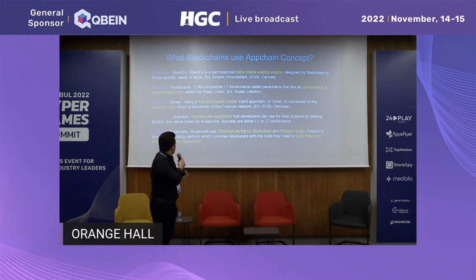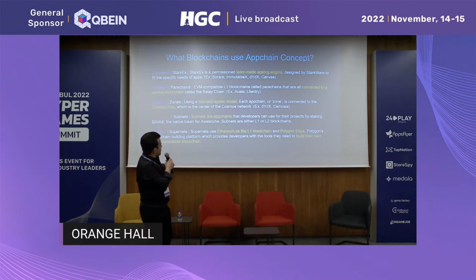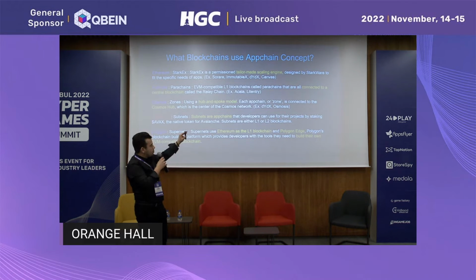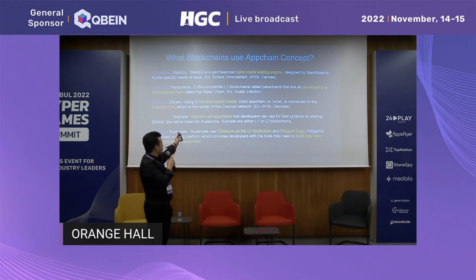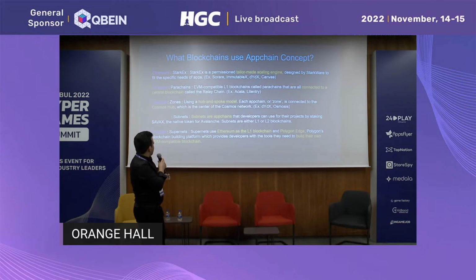I can give parachains in Polkadot as an example. They are compatible, like layer one blockchains, called parachains. They are all layer one blockchains actually, and they are all parallel to each other, so that's why they are called parachains. They are also connected to a central blockchain called the relay chain, and when all the data is valid, it's written on the relay chain. There are zones in Cosmos that I like. They're using a hub-and-spoke model.